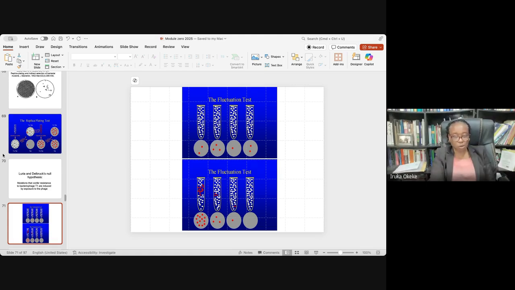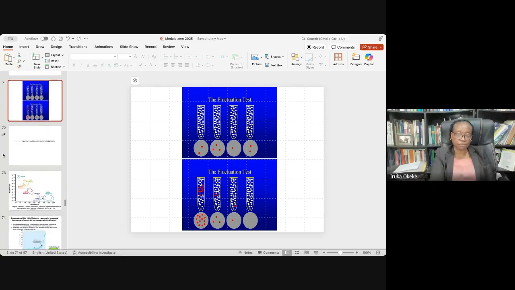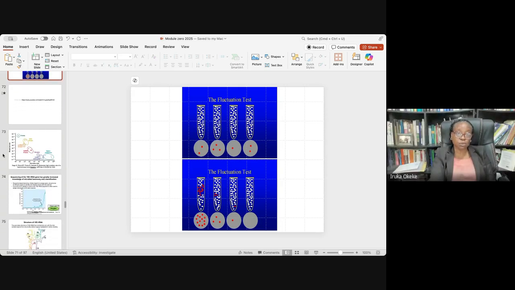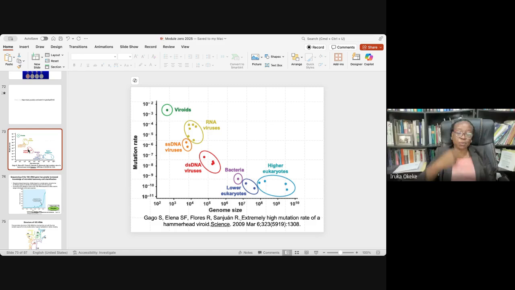I'll talk more about this in a bit. I did, however, want to mention that the rate at which different organisms change varies. It varies within organisms because there are certain chemicals and physical conditions that can cause DNA to change. These are DNA damaging agents, or mutagens.